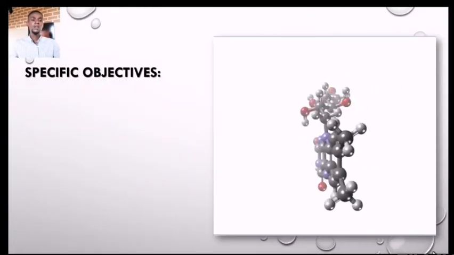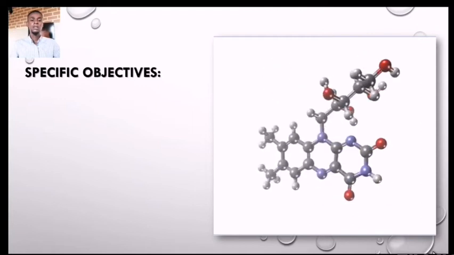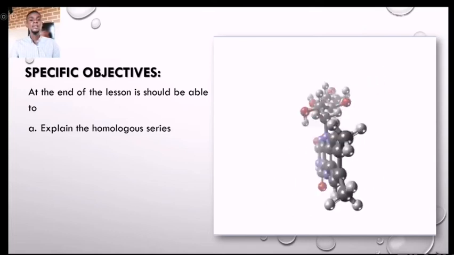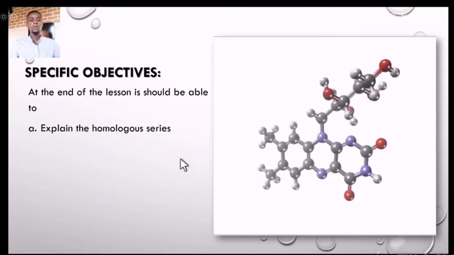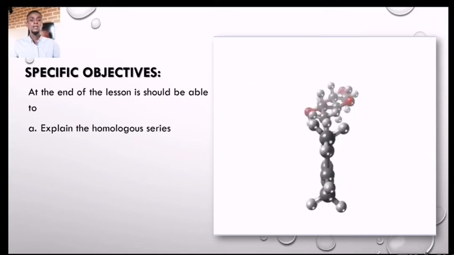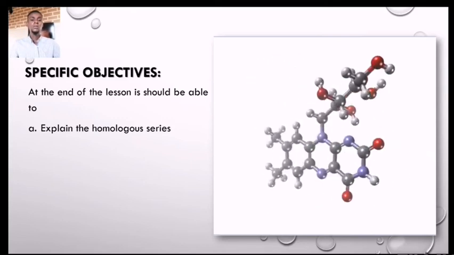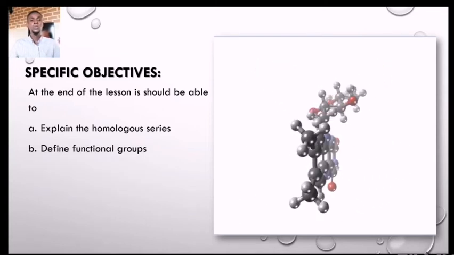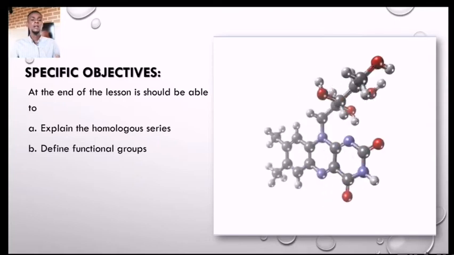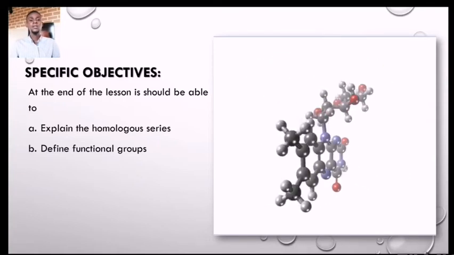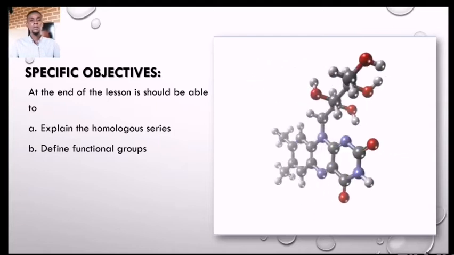So our specific objectives for the lesson: at the end of the lesson, you should be able to explain the homologous series. What is the homologous series? That is a question you should be able to answer. Second, you should be able to define a functional group. You should also be able to state the characteristics of the homologous series.